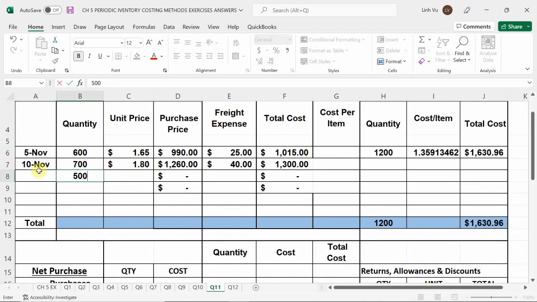So 500 at $1.85 is 925. 925 plus 25 is 950. 950. And this was on November 20th.